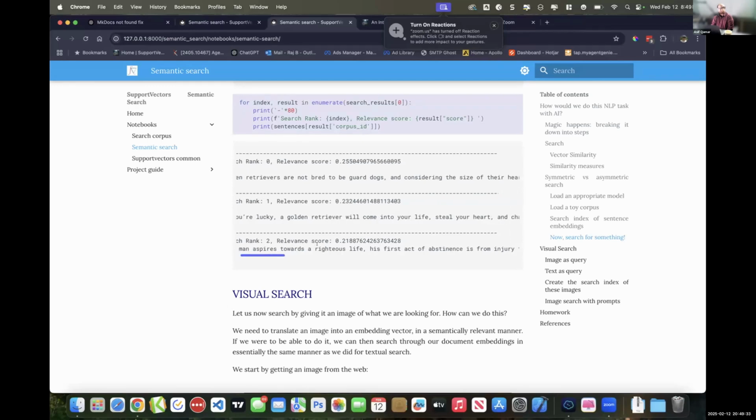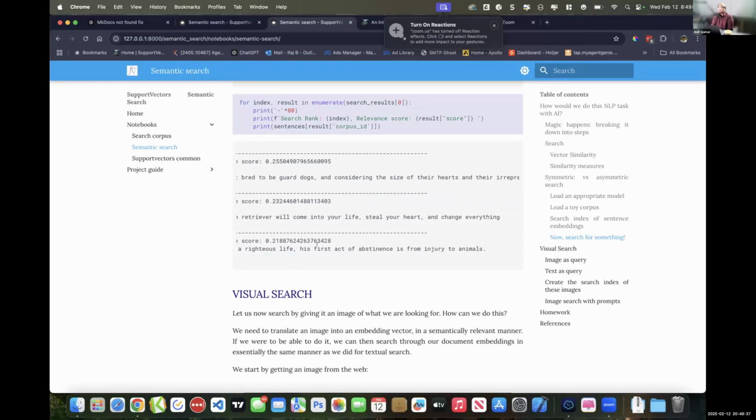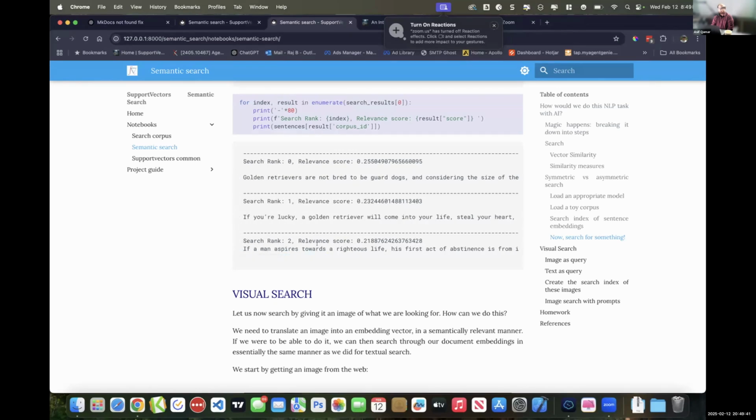If a man aspires towards a righteous life, his first act of abstinence is from injury to animals. Here, at least, the word animals is there. But you would agree that each of the three sentences could represent a sentiment, and that sentiment is a friendship for animals. And the machine understands it. That is the leap forward.